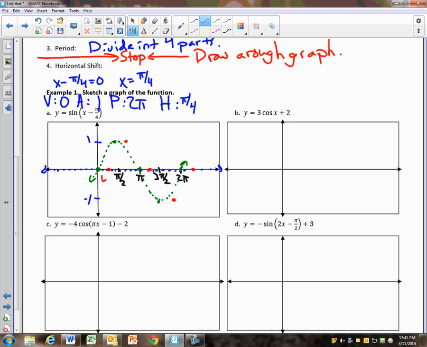And then I can just connect my dots. And then look at how pretty that looks. It's very evident now that I shifted it pi over 4 units that way, isn't it?